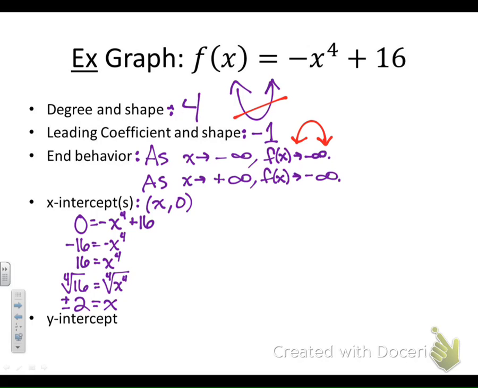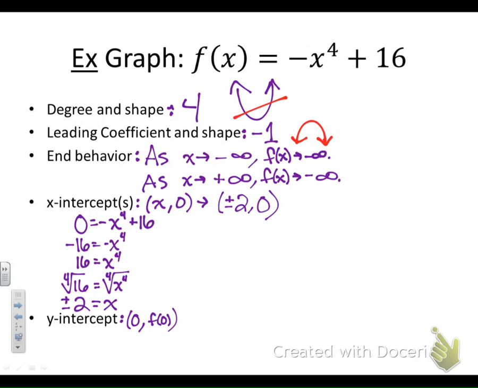Because if you took -2 times -2 times -2 times -2, it does get you a positive 16. So we've got two x-intercepts, positive 2 and -2, 0. And I can write my answer accordingly. I could either separate them or write it with a plus or minus.